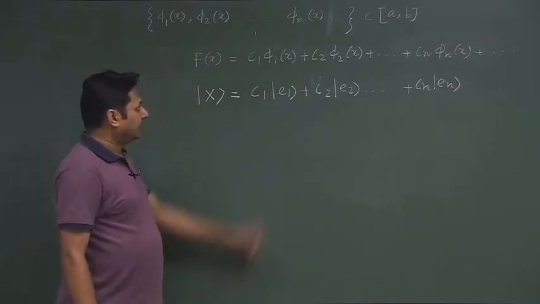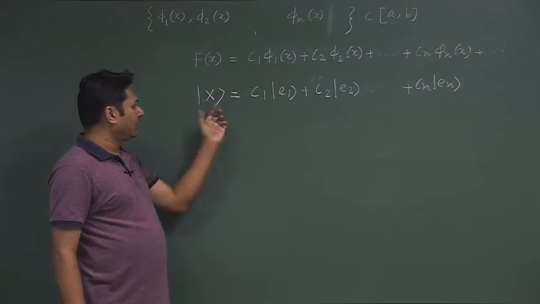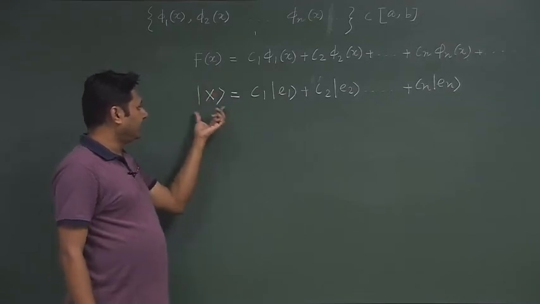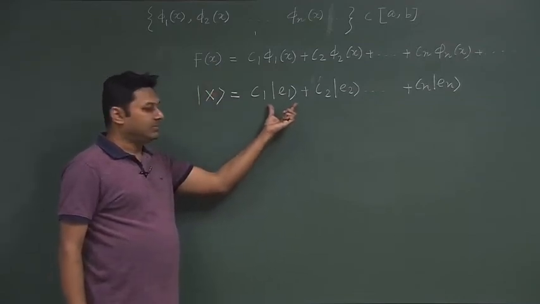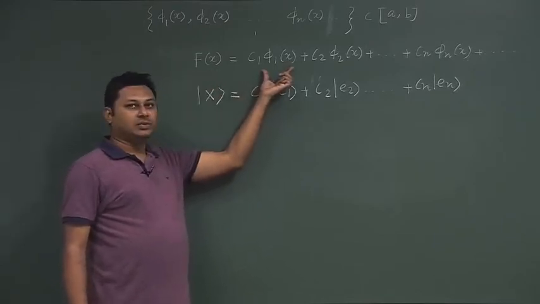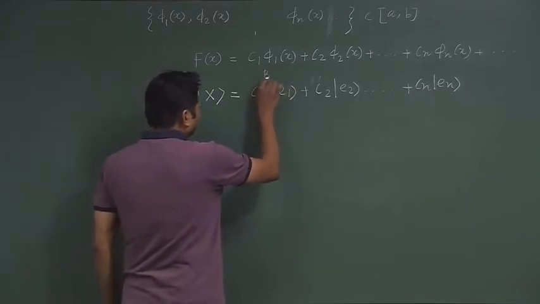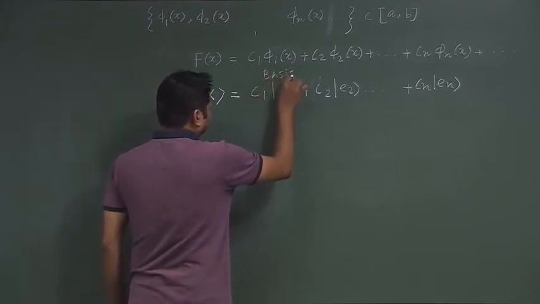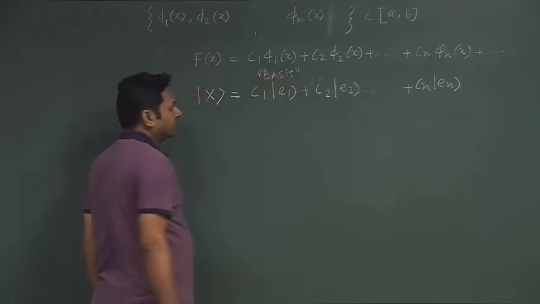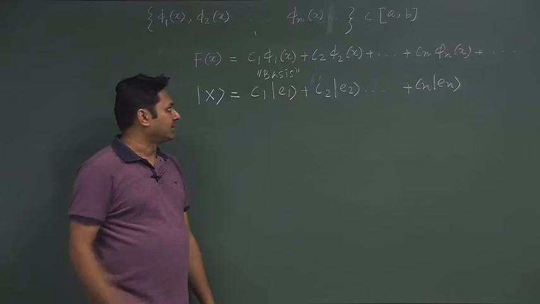But the thing is that these and these are correlated to each other. A vector can be represented with a basis; here a function can be represented with other functions which can behave like a basis. So this can behave like a basis, that is the first thing. Last time we mentioned that these are special functions which can work as a basis.